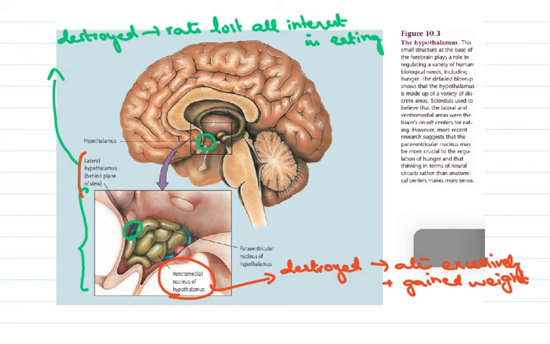Further research also showed that the paraventricular nucleus of the hypothalamus also plays a part. Then you also had research which implicated hormones such as serotonin as playing a very important part in the regulation of hunger.